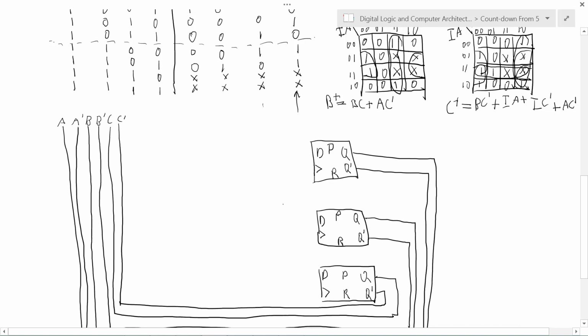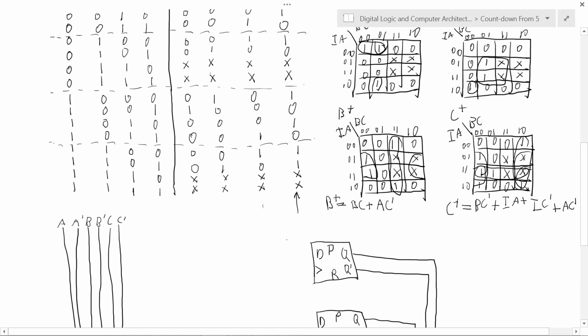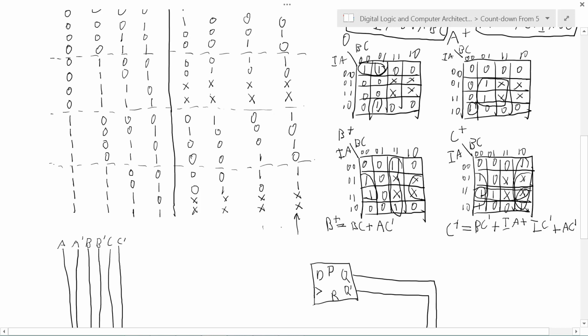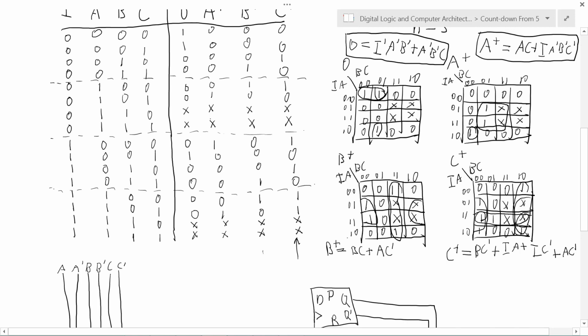And then we need to consider our input variable, I. Do we ever use an inversion? Let's box our equations. Do we ever use an inverted I? I am seeing one inverted I for the output.